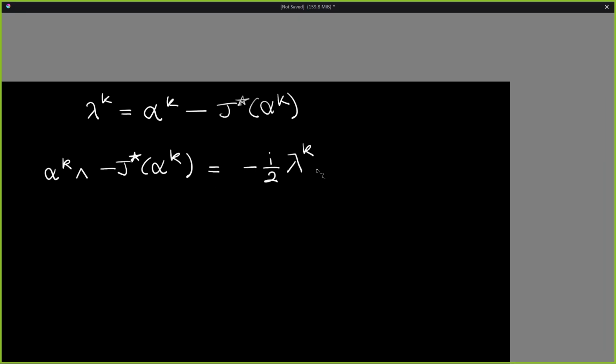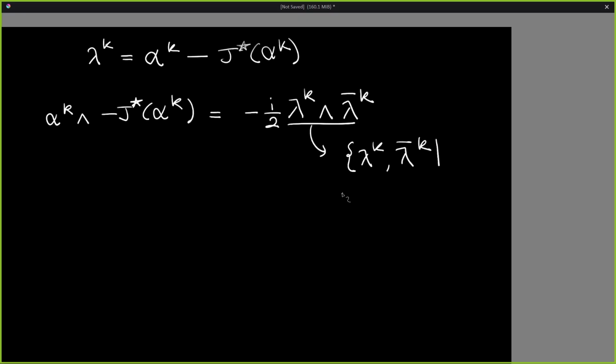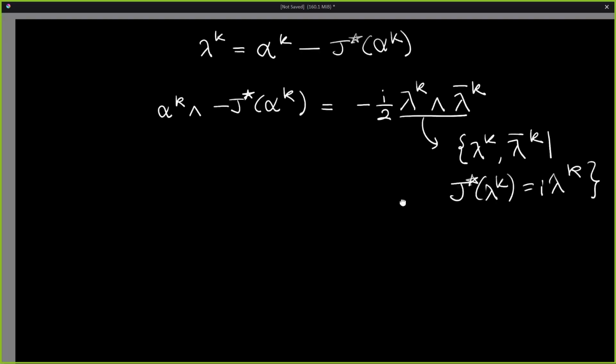This is going to be equal to, you can check it at home if you'd like, lambda bar_k. So this is the eigenbasis. It looks like this, lambda_k, lambda bar_k, where J star of lambda_k is equal to i lambda_k. It's an eigenvector. That's what we're saying.